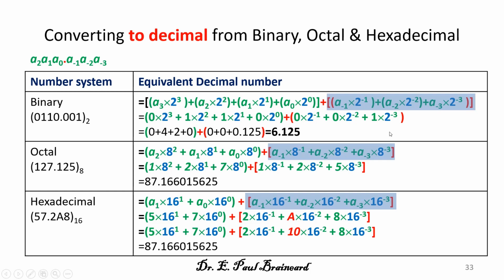So if you add together, you will get 6.125. So 6.125 is the decimal equivalent for the binary number 0110.001. Similarly, you can convert octal number into decimal number.